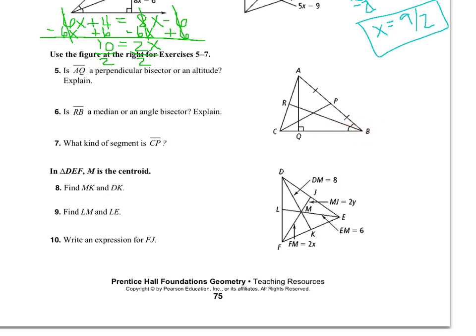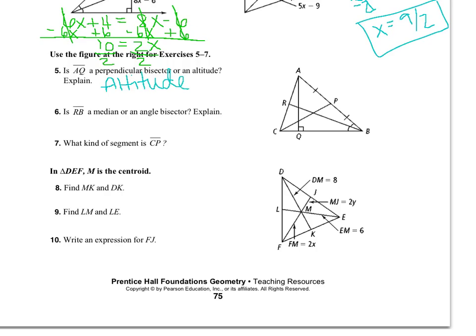So I can't have a perpendicular bisector. The other thing you can think of is I told you that an altitude will always go through an angle. This line is going through an angle. Perpendicular bisector doesn't always have to do that. In fact, most times it won't. So I know that this is going to be an altitude.